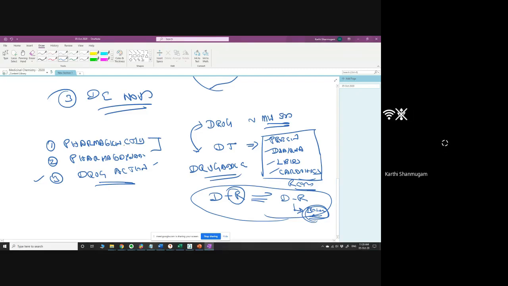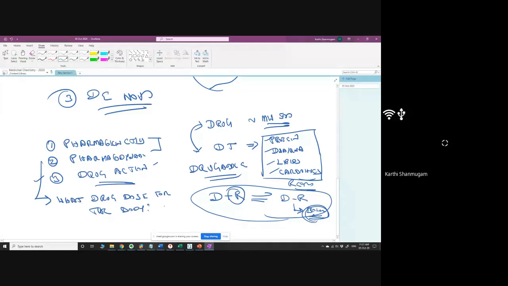A very simple definition for pharmacodynamics, a layman definition and not the exact scientific definition, is what the drug does for the body. Let me write it here. Not the textbook definition, just for understanding: what the drug does for the body. We have defined this many times, and this is what is called pharmacodynamics.